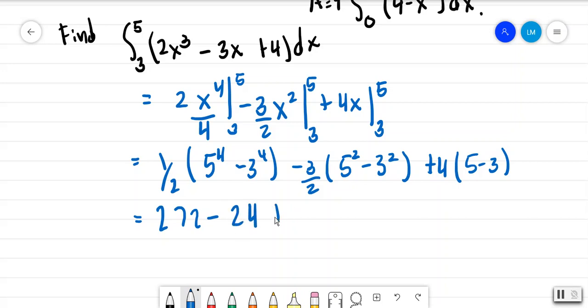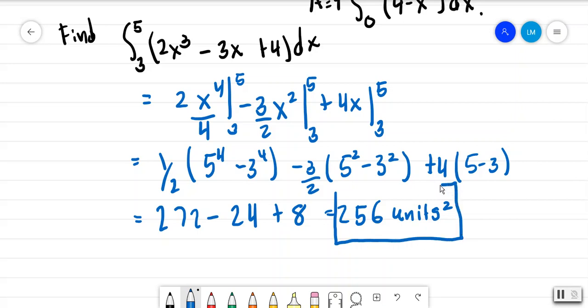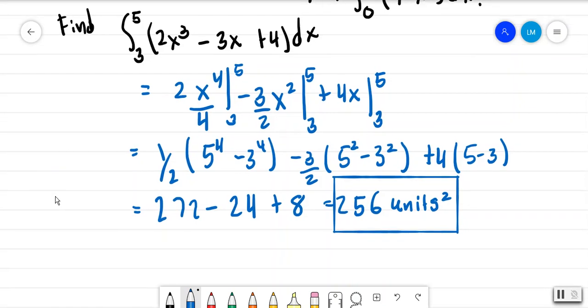And then we have plus 8. Well, that's basically just 280 minus 24, which is 256 units squared. So in actuality, it's not really that bad when you think about it.